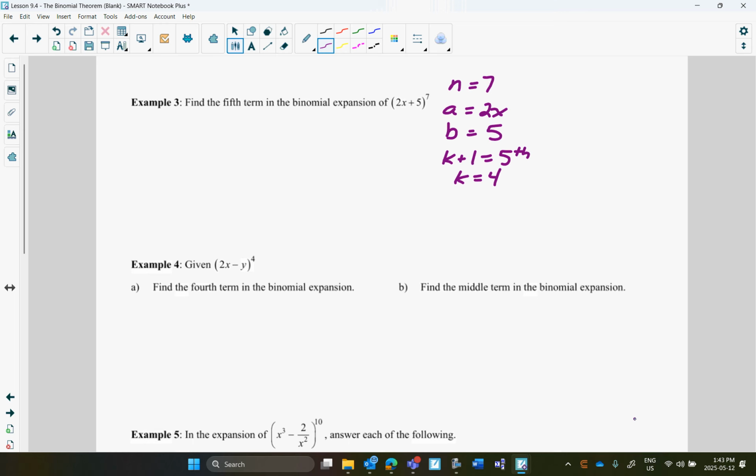Okay, so we're going to have, for the fifth term, t of 5. For the coefficients, it's n, 7, choose k, which is 4.